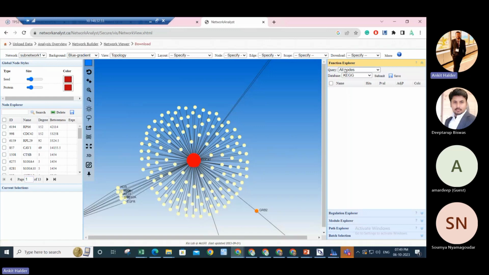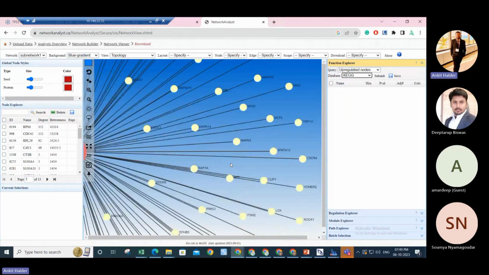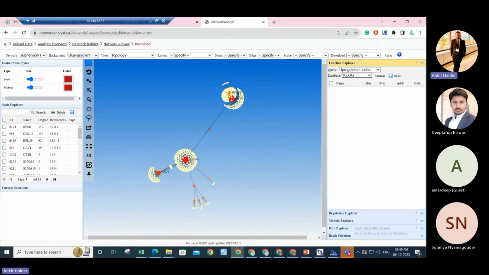Then you can query for the upregulated nodes, downregulated nodes, KEGG, Reactome, gene ontology on the different bases of it. You can see now which one is at the level of edges and all those things, and you can explore. The hairballs that you are looking at now, you can also make and use in your research, and not only use it, but also interpret it in a much better way.